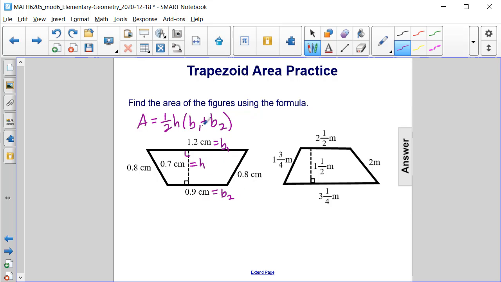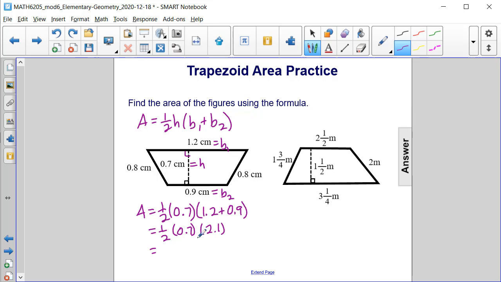So let's take these values and substitute them into our formula. So area equals 1/2. Again, our height is 7/10, and the two bases that we're adding together is 1 2/10 plus 9/10. If we add up 1 2/10 and 9/10, we get 2 1/10 centimeters, and we still have the 7/10 of a centimeter and the 1/2 in front.